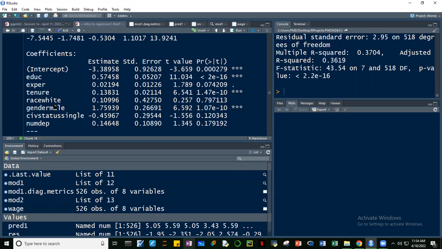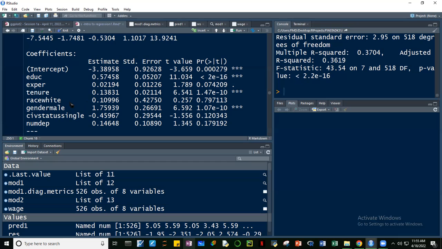Race has two levels, white and non-white. What R did by default is make the benchmark the level that comes first alphabetically, which is non-white. So that will have a value equal to 0, and white will be equal to 1.